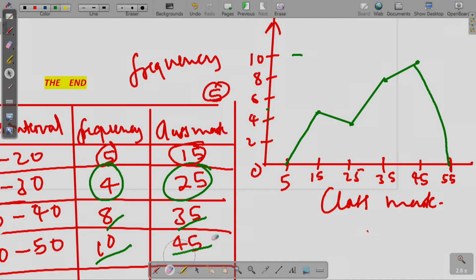So here we draw by using line, and this is our frequency polygon.